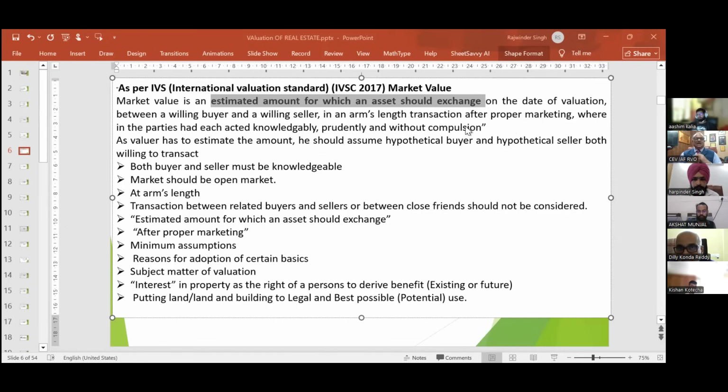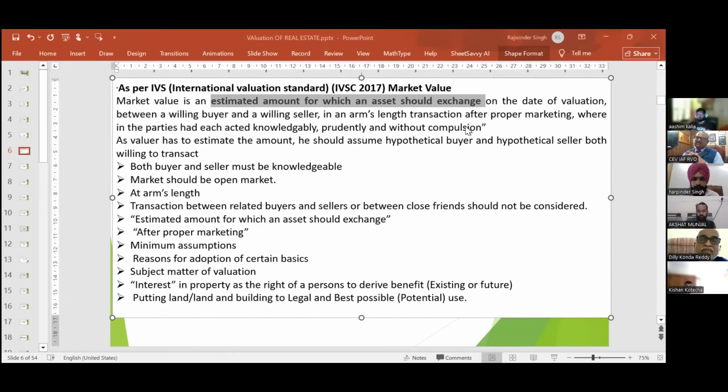Market value is an estimated amount for which an asset should exchange on the date of valuation between a willing buyer and willing seller in an arm's length transaction after proper marketing, wherein the parties had acted knowledgeably, prudently, and without any compulsion. Without taking a single breath, you have to remember it as it is, word to word. And each and every word used in this definition can be an MCQ.